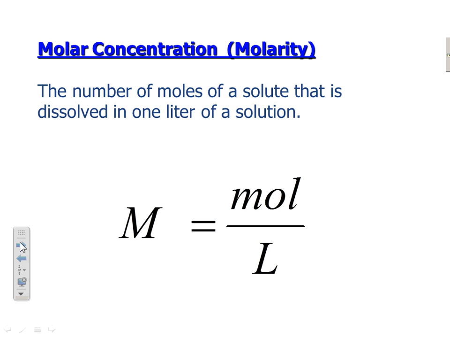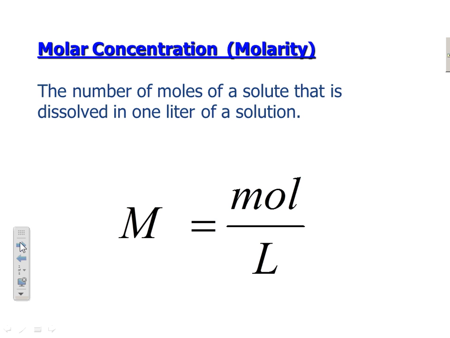So this is variable, but molarity is defined as being how many moles there are in each liter. So we must have units in liters for this particular type of concentration, because that's the definition of it, all right?